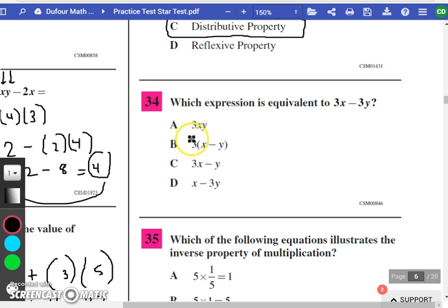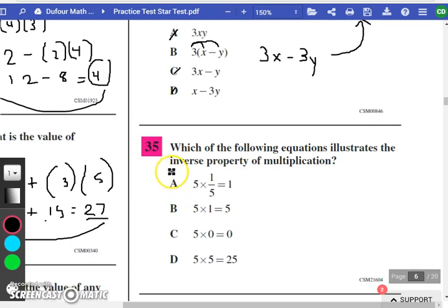You're going to have to take a look at the answers, and you'll see that once again the distributive property is going to be very prominent on the test. 3x minus 3y is going to be the solution. You can see the other 3 options are not correct. Once again, you cannot add the x's and y's together unless they are like terms, right?